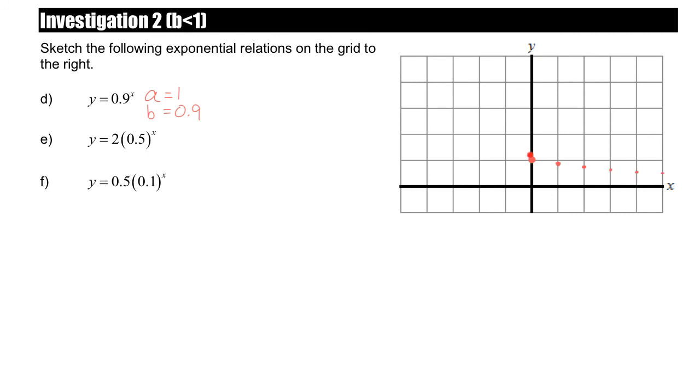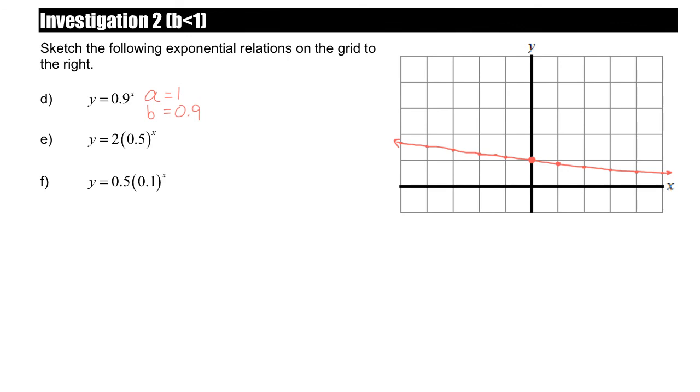Going the other way, we'll do the opposite. So when we go to the left, I'm going to divide by 0.9. So 1 divided by 0.9 is 1.11111. And so do that again, it's going to go up just a little bit more. So this is kind of a flatter curve, but it's still an exponential curve.